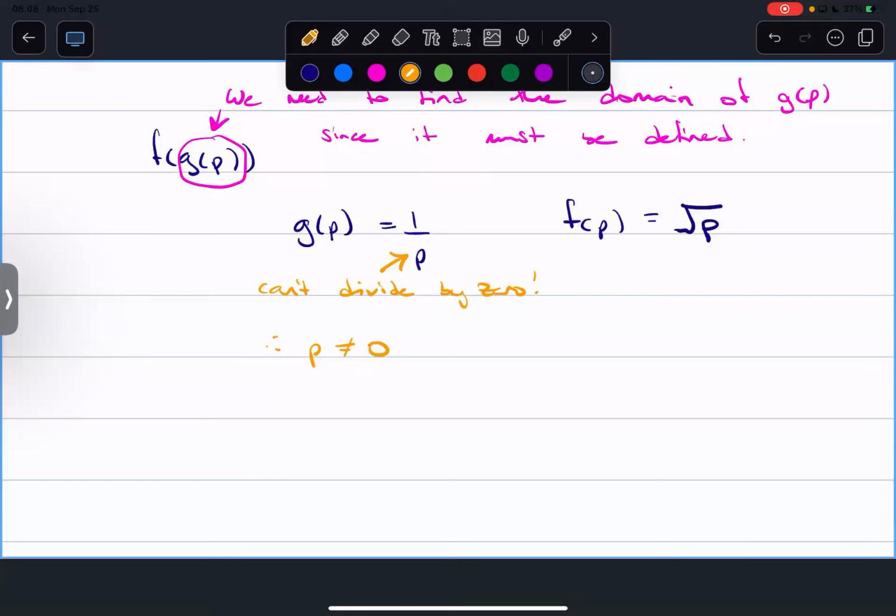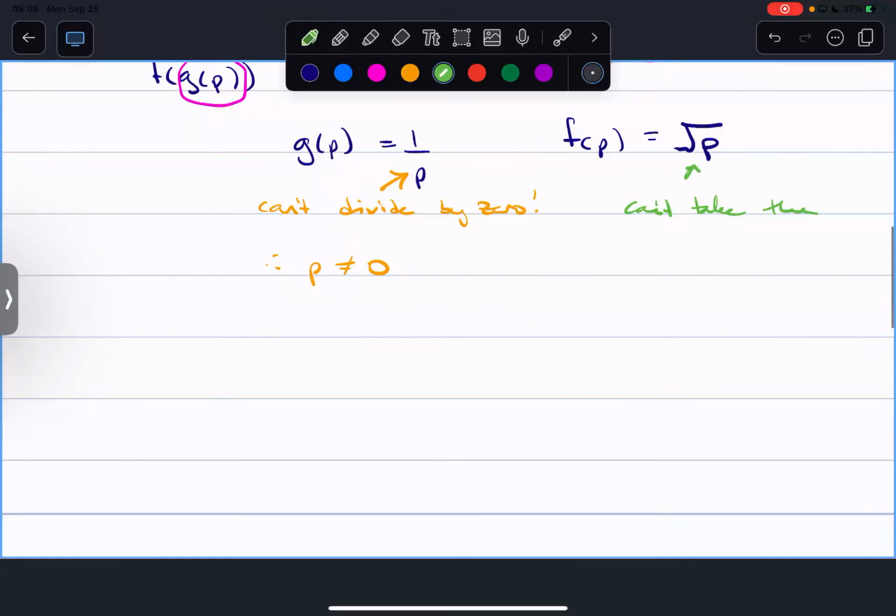We also had a rule for square roots, which is why I wanted to go back to this one, because it covers both of the main players. I can't take the square root of a negative number. Technically the even root, but we'll focus on the square root.